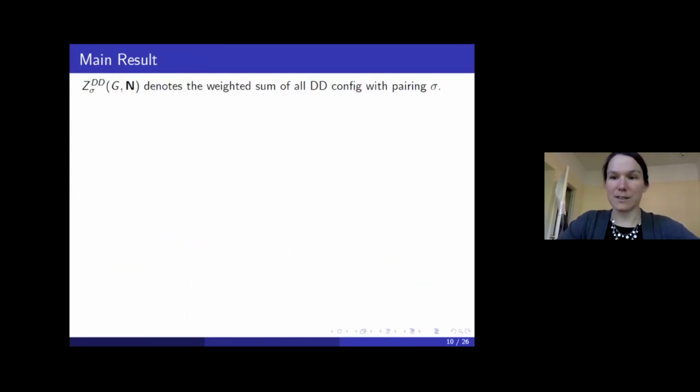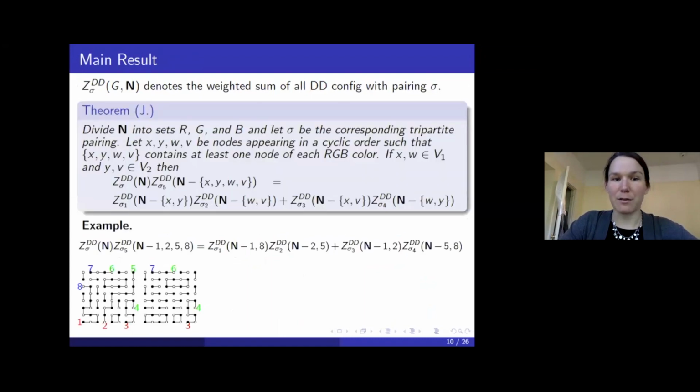Okay. So now I have all the definitions I need to state the main result. Just a piece of notation. DD sigma is going to denote the weighted sum of all double dimer configurations with a particular planar pairing sigma. And so the notation in the theorem is a little bit messy, so I'm just going to go straight to an example.